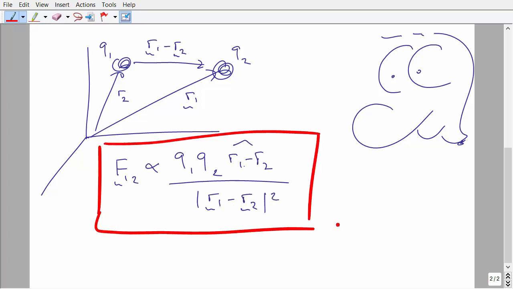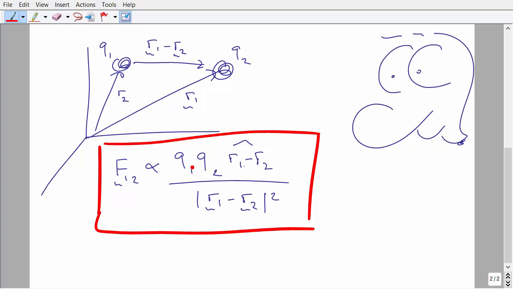Our whole discussion was based around the observation that if we have two charges separated by a distance, mod r1 minus r2, the force of one charge on the other decreases as the square of the distance between them, that the force operates along the line joining the two charges, and that the force is proportional to the product of the charges. We developed everything in electrostatics from that observation.